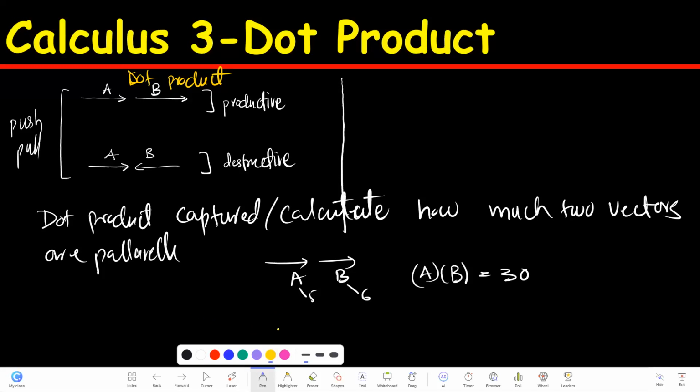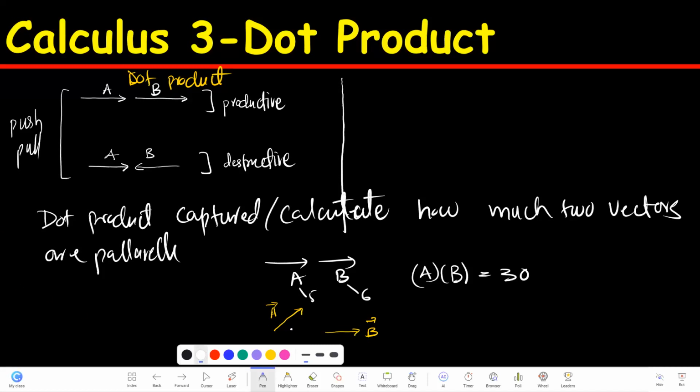Now, I change vector A this way, and vector B this way, right? Can you look at the last thing I just drew? Vector A, vector B. Do you think vector A and vector B are parallel to each other? No, they are not.